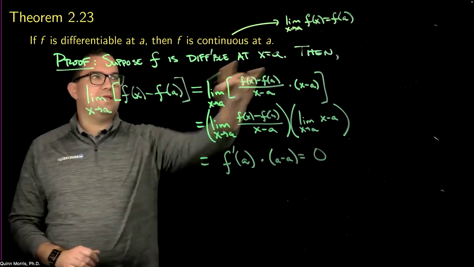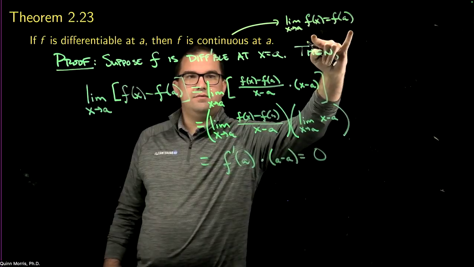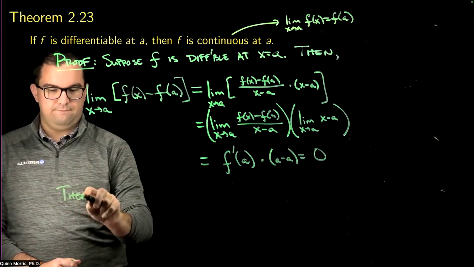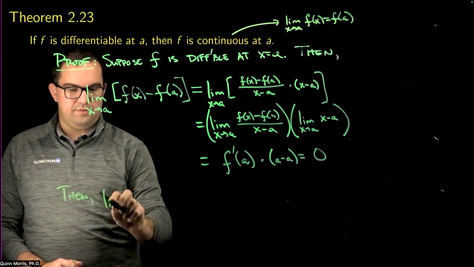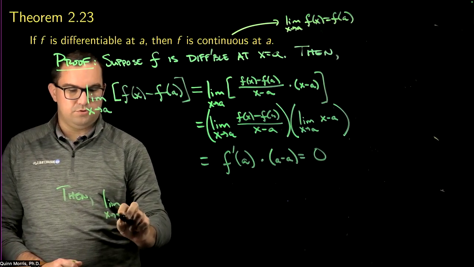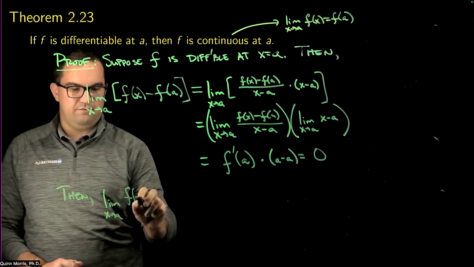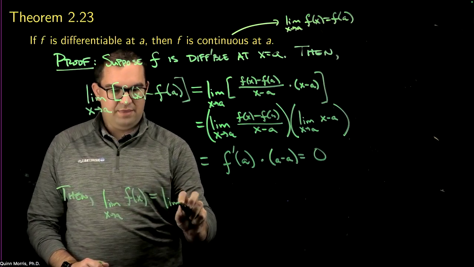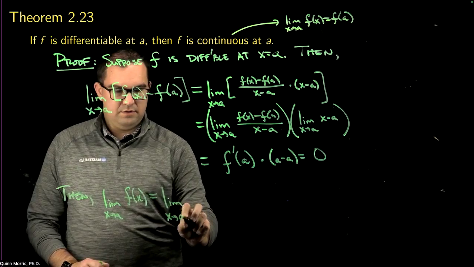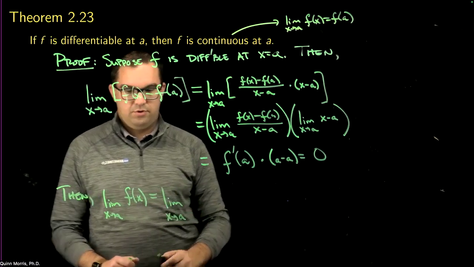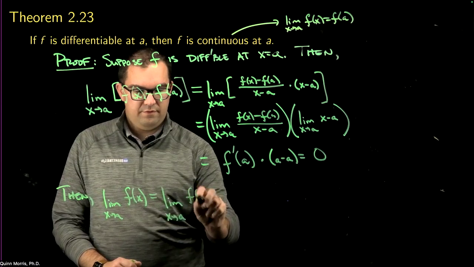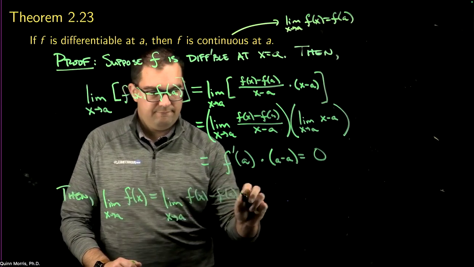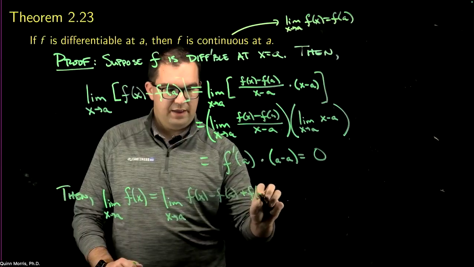Okay. Now again, formally I haven't shown this yet. So how do I show this? Well, if I look at the limit as x approaches a of f of x, I can rewrite this as the limit as x approaches a of f of x minus f of a, plus f of a.